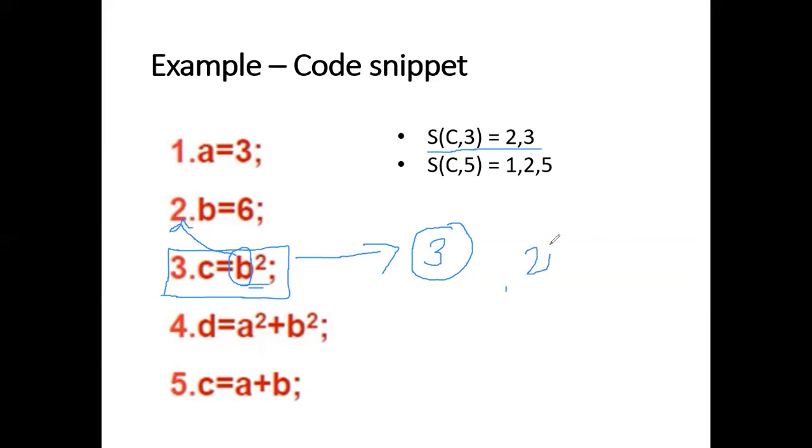So if someone asks for a slice like this for this particular program, these two statements by themselves will be my slice. You can see it has a meaning. B equals 6 is okay, and that B is used in order to calculate the C, right? So this is how we take the slices out.